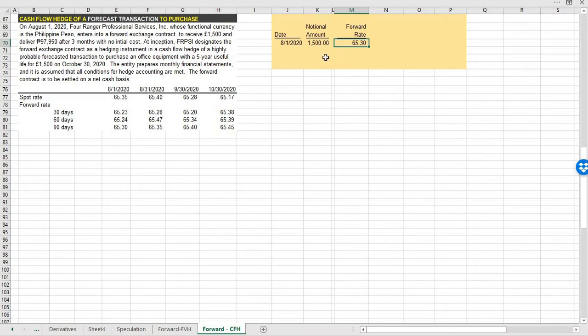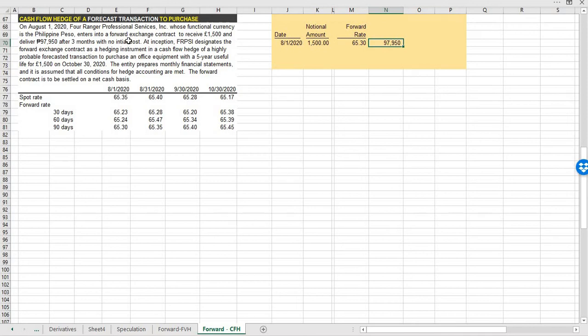So ngayon, i-multiply na natin. 1,500 multiplied by 65.30. Ang sagot dyan ay 97,950. At ano itong 97,950? Is this an inflow or an outflow? Ang sabi natin dito, ang ating hedging instrument is a forward contract to receive 1,500 British pounds and deliver 97,950 pesos.